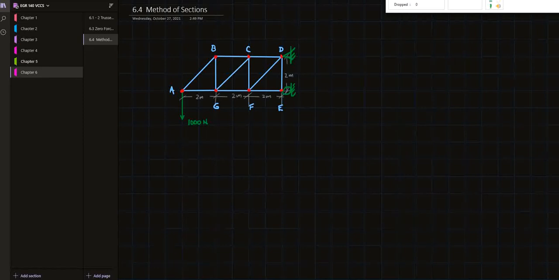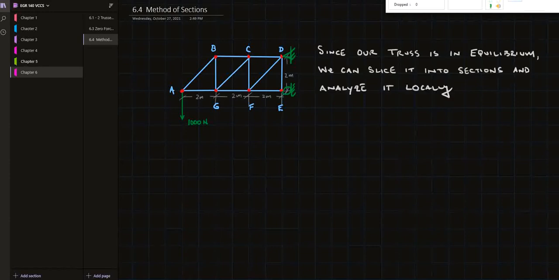In section 6.4, we're going to look at a new method for analyzing a truss called method of sections. Now, since our truss is in equilibrium here, it's not moving or anything, we can slice it into sections and analyze it locally.